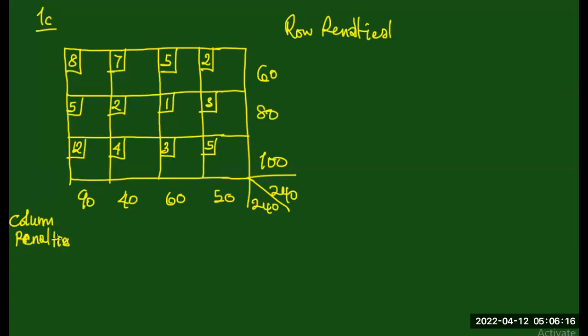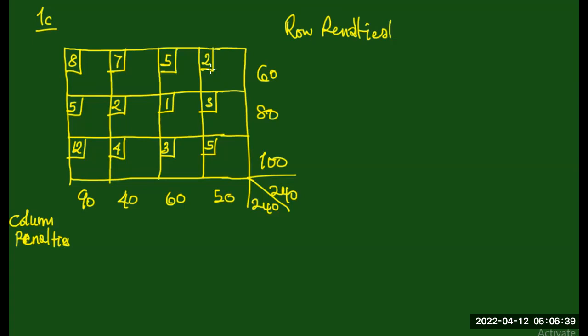Okay, so I'll write the penalties in white. So what's the penalty? The penalty is the difference between the least cost and the next least cost. So you do that row by row and column by column. Let's look at this very well. What is the least cost here? 2.